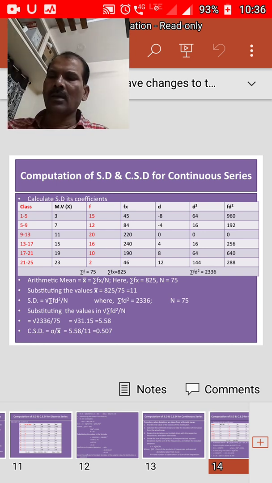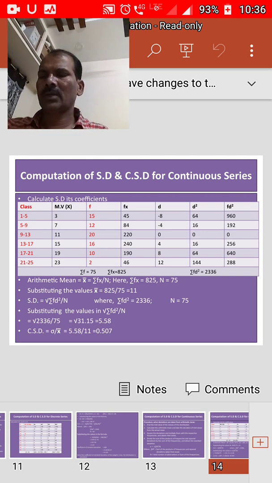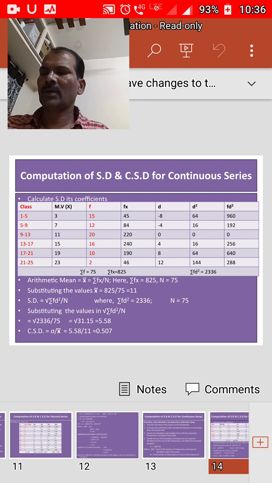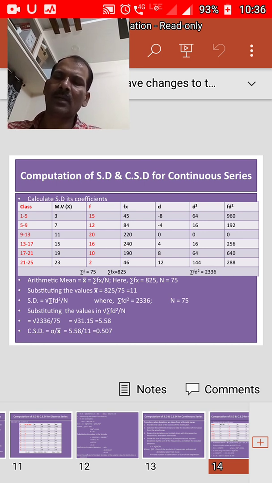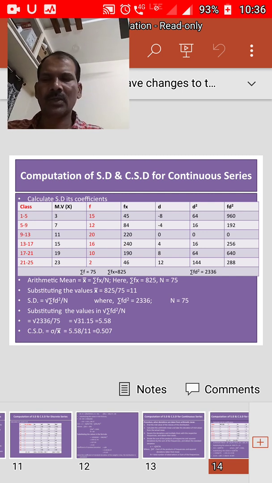In order to find out the standard deviation, we need to multiply the frequencies with the square deviations. The product of frequencies and square deviations is nothing but fd square, which we require for calculating standard deviation.